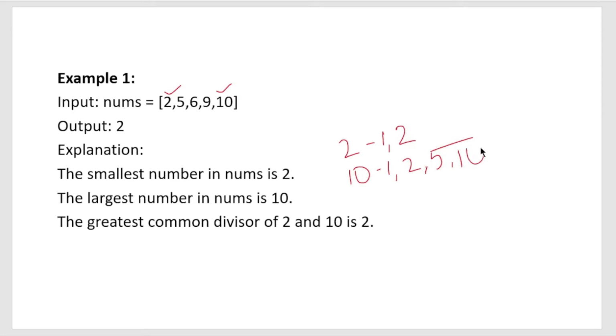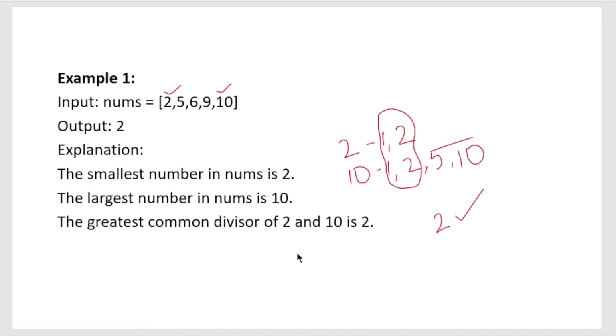So these are the divisors of 2 and 10, and the common ones will be only 1 and 2, which means the greatest is 2 itself. So the output must be 2. So that is how we usually do the GCD of 2 and 10, or basically two numbers. And we'll be seeing the code of this soon.